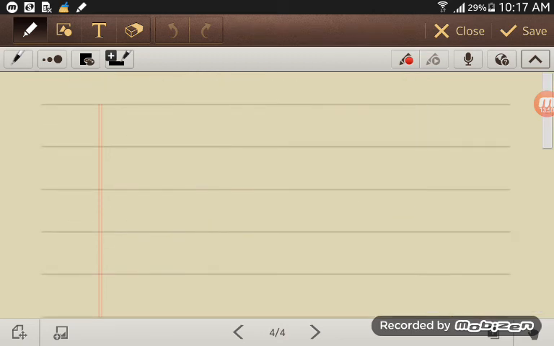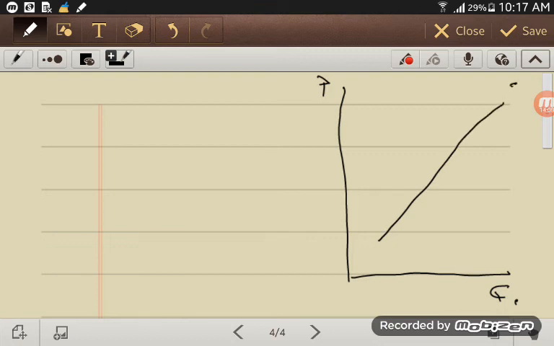The 5 factors will cause a shift of the supply curve. If supply is going to increase, the supply curve will shift to the right. If it is going to decrease, it will shift to the left.